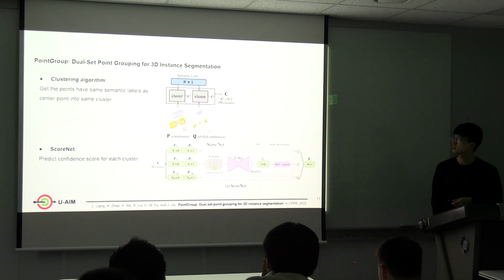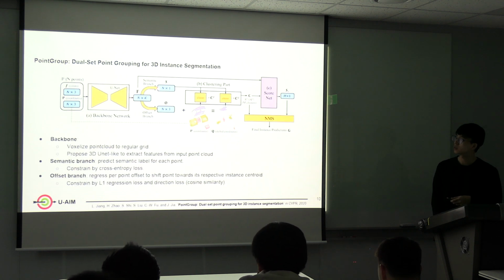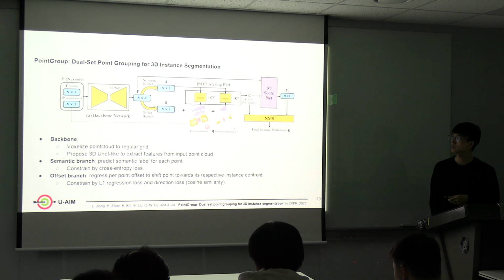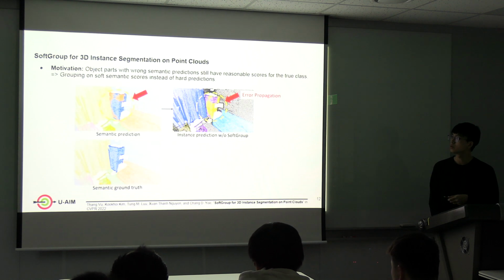The hard prediction is this one: for each point, they just have one semantic label. So this one proposes that each point may have more than one semantic label.